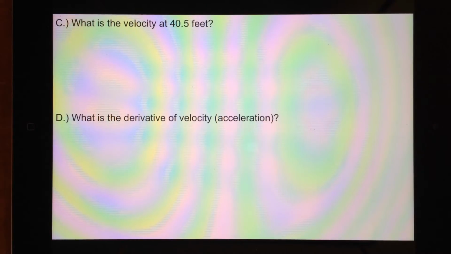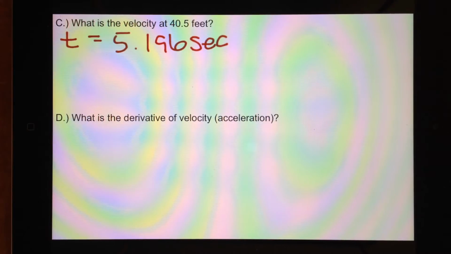Now we're asked what is the velocity at 40.5 feet. We now know that the time at 40.5 feet is 5.196 seconds. But we need to know the derivative of the distance so we can find the velocity.